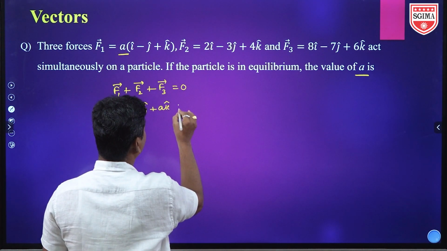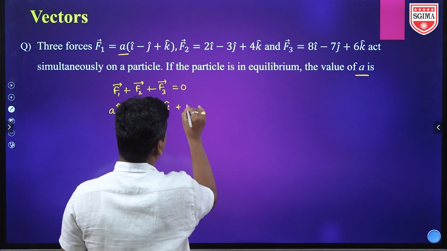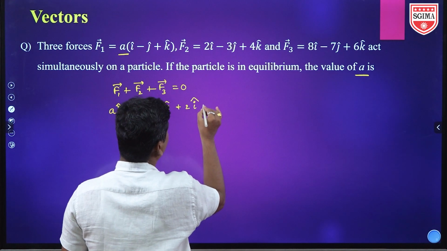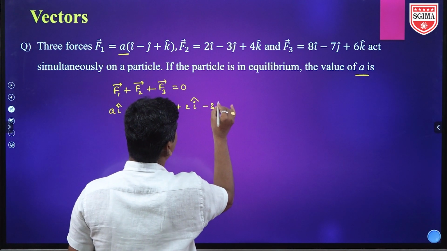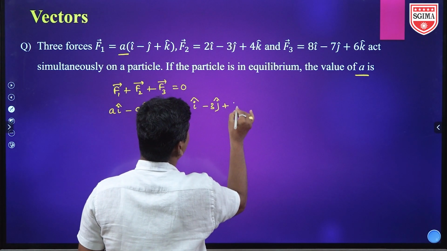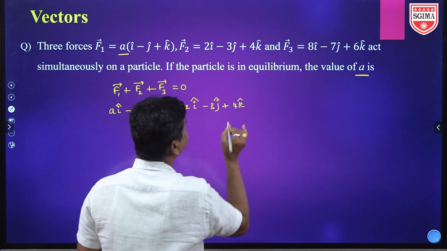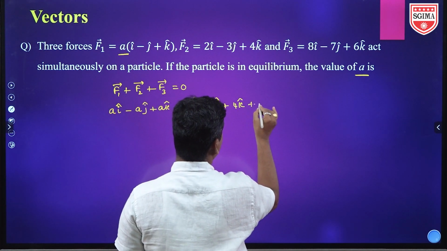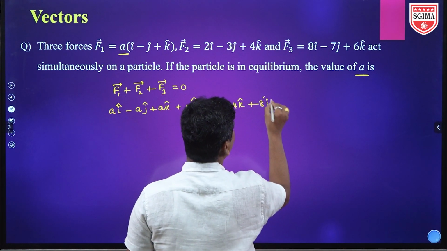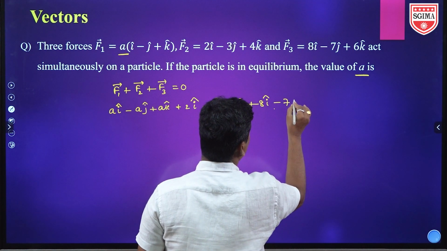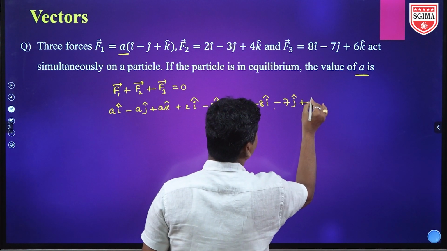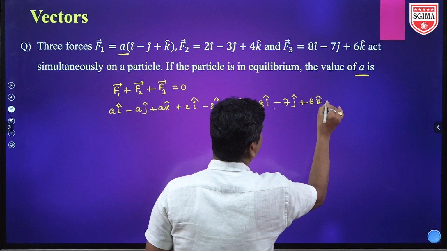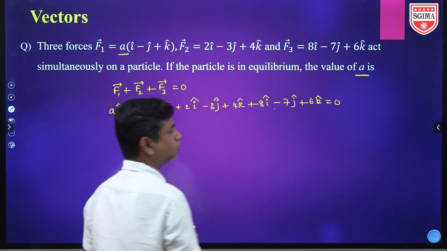F2 bar is 2 i cap minus 3 j cap plus 4 k cap, plus F3 bar, 8 i cap minus 7 j cap plus 6 k cap, that is equal to 0.